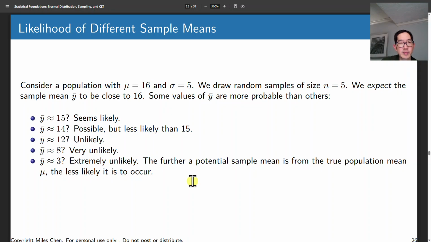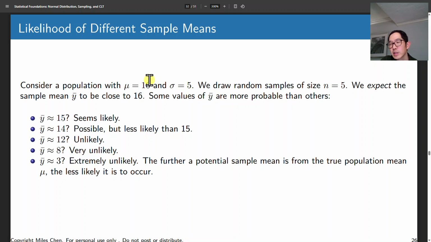If you keep that in mind, some of these sample values are going to be more likely and other sample values will be less likely. So imagine another population where the mean is 16 and the standard deviation is 5.